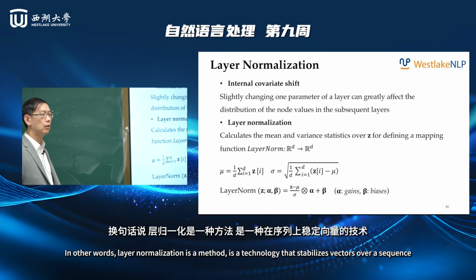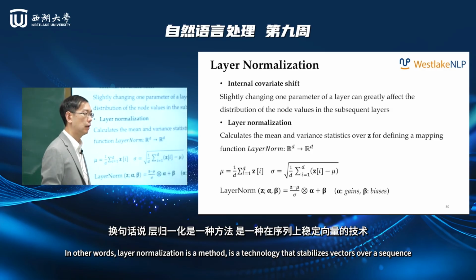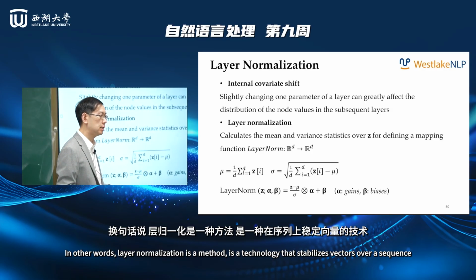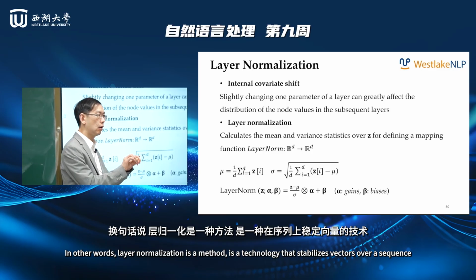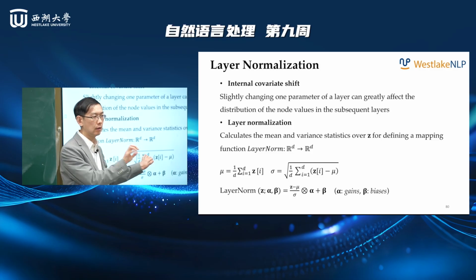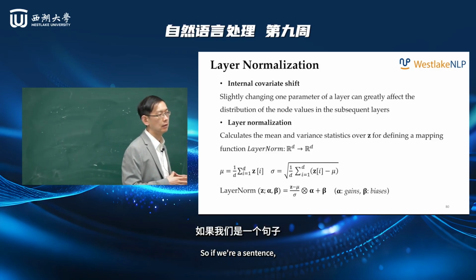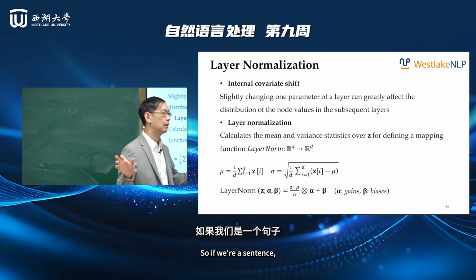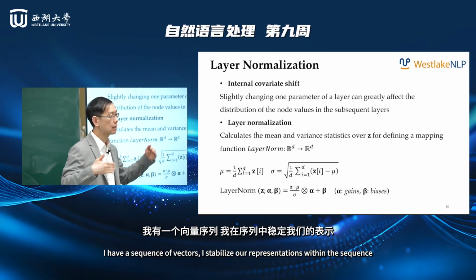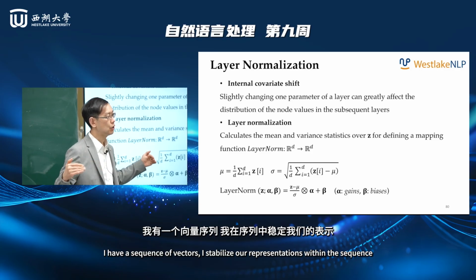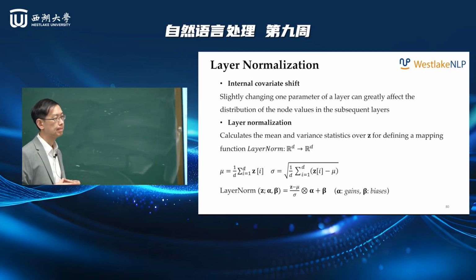In other words, layer normalization is a method that stabilizes vectors over a sequence. So if we are a sentence, I have a sequence of vectors. I stabilize our representations within the sequence. So this is called layer normalization.